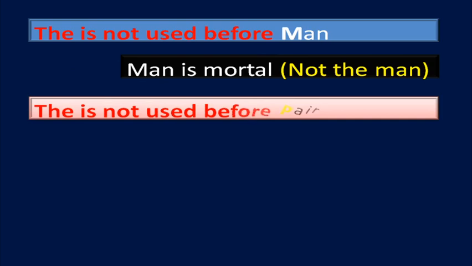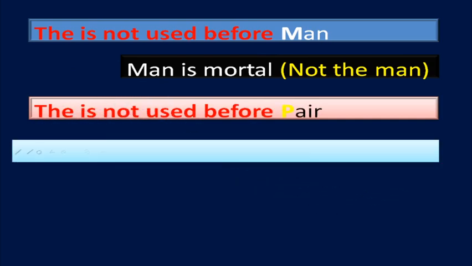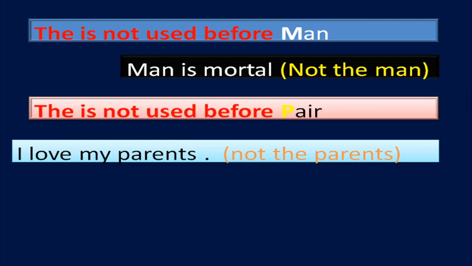In this sentence, you can see man is mortal. So before man, you should not use the article "the." Man is mortal, not the man is mortal. Okay, no article should be used, right? The article will not be used before man. Man is mortal. In case of pair, "the" is not used before pair. Pair means, I love my parents.